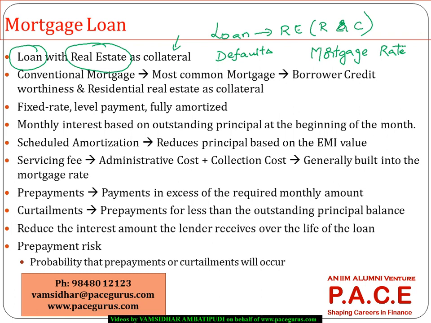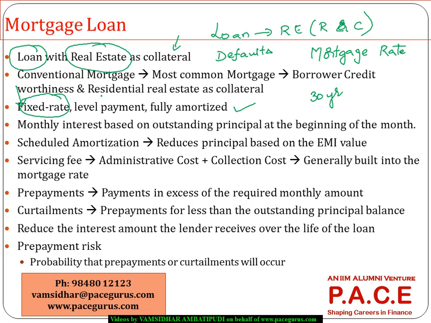And generally the payment terms associated with the mortgage loan result in a fixed rate level payment, fully amortized. It means the mortgage rate for the entire period, even if I have borrowed for a 30-year period, is generally fixed for the entire 30 years.